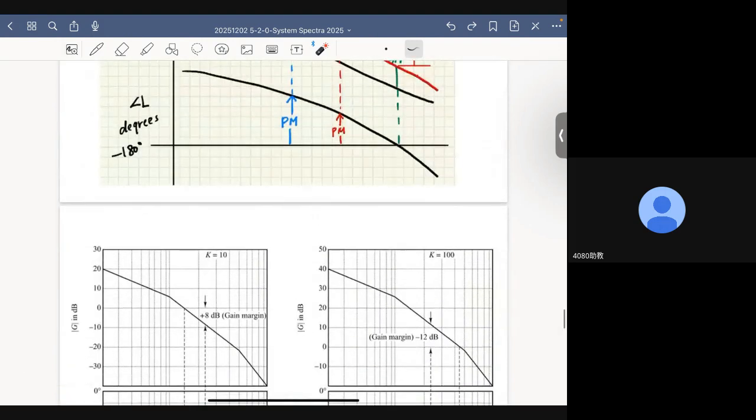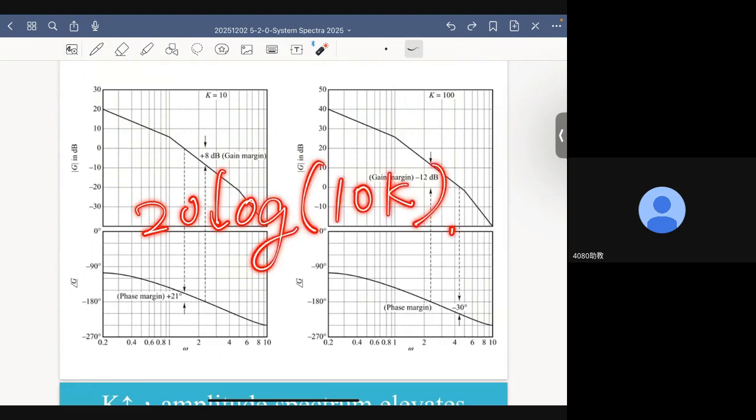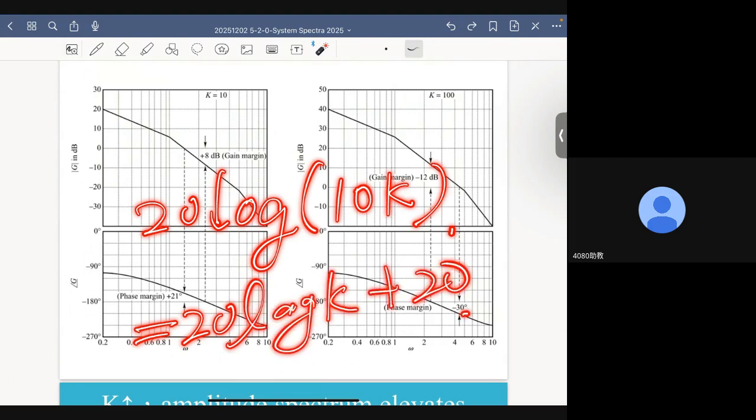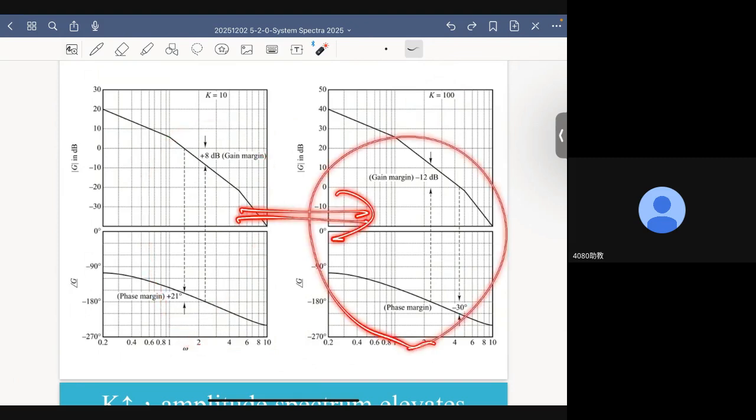Why is that the case? Because 20 log 10K is 20 log K plus 20. Now, the phase margin also reduces from 21 degrees to minus 30 degrees. So because of the large gain, the system switches from a stable system to an unstable system.